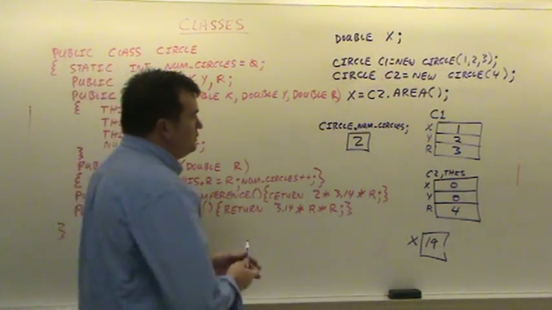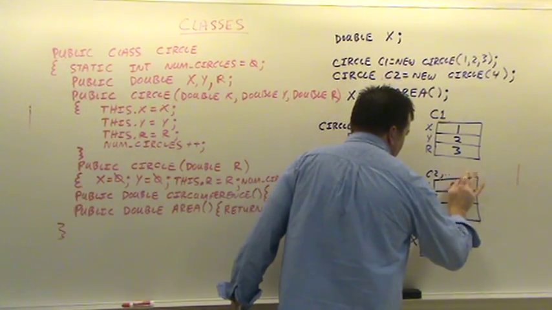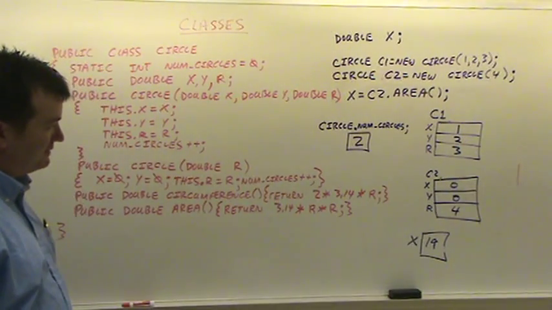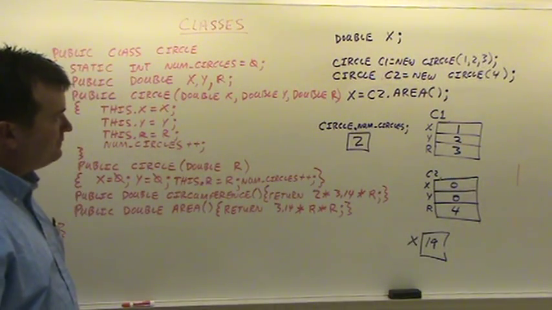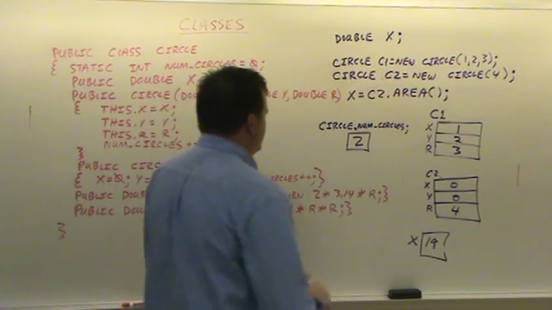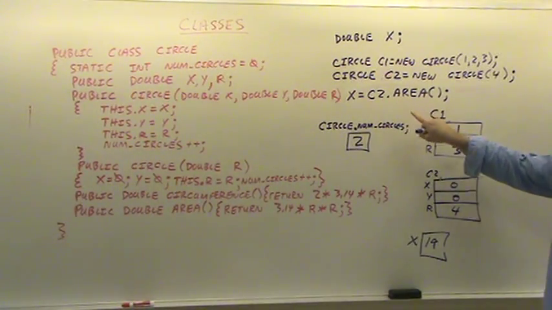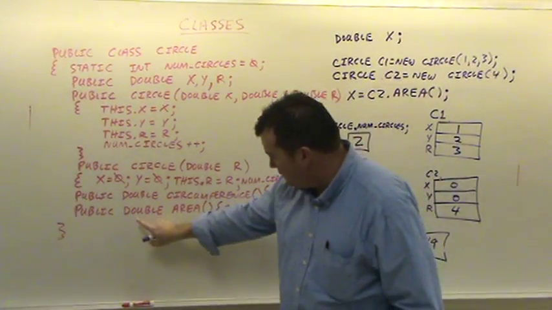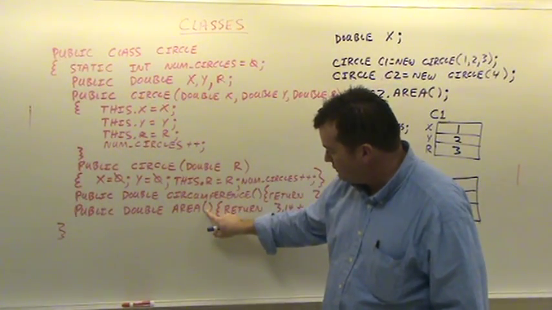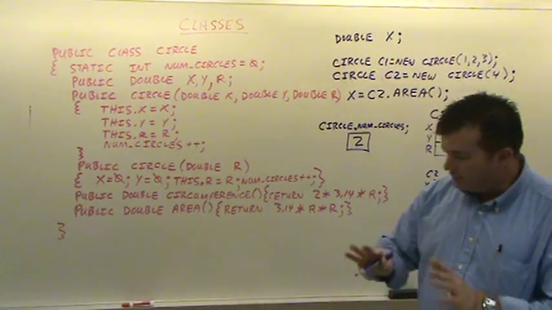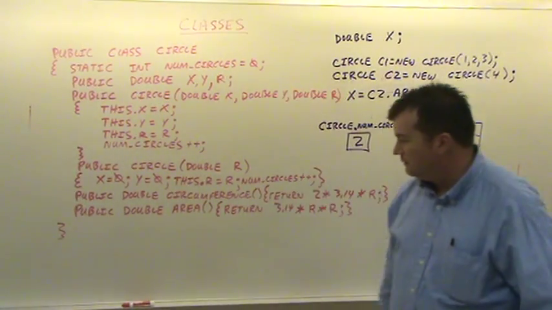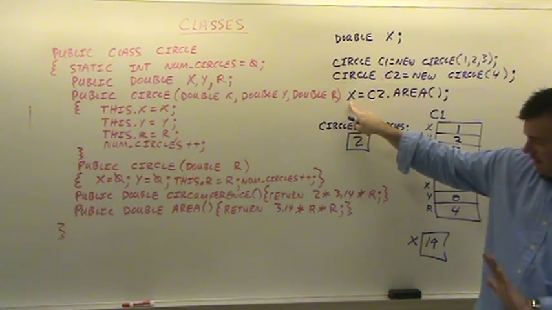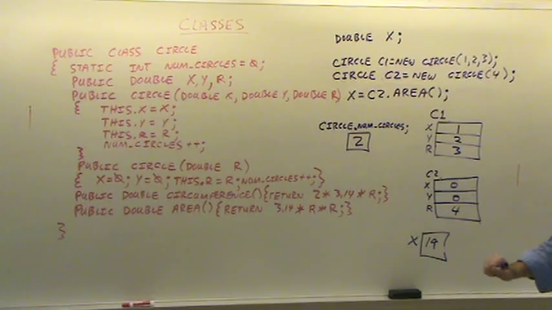So that says go to the object C2, which is gone now because the constructor method stopped. So that's no longer a reference to that piece of storage. And if we go to C2's area function, area will be a function that takes in no parameters. When it's done doing its computation, it expects to give back a double. So we will be giving back a double to this. So that should not have a compiler error.